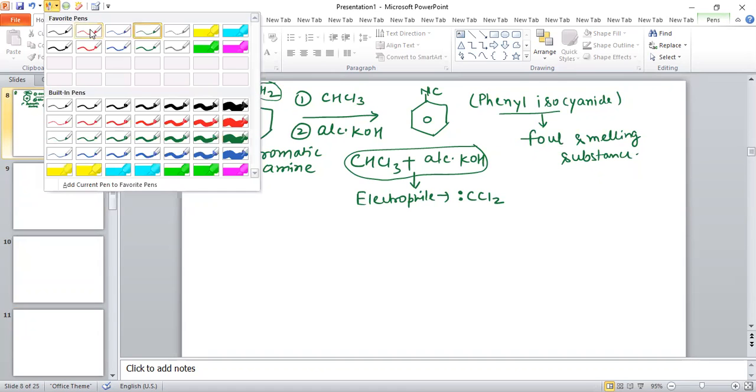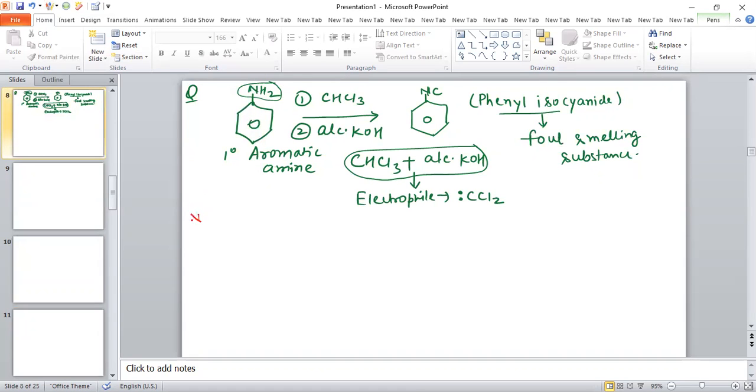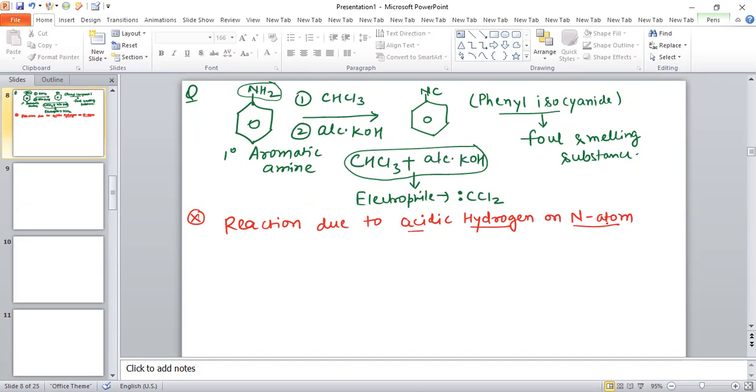So next we are going to discuss the reaction of amines due to acidic hydrogen on the nitrogen atom.